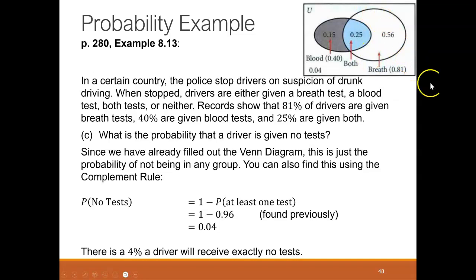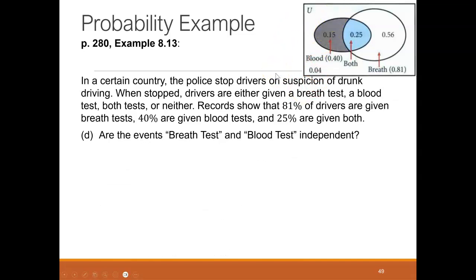Again, you could do it as a complement, or you can just read it off your Venn diagram. I think if you're going to go through the trouble of reading the Venn diagram, I'm done using formulas. That's me personally. Are the events breath test and blood test independent?